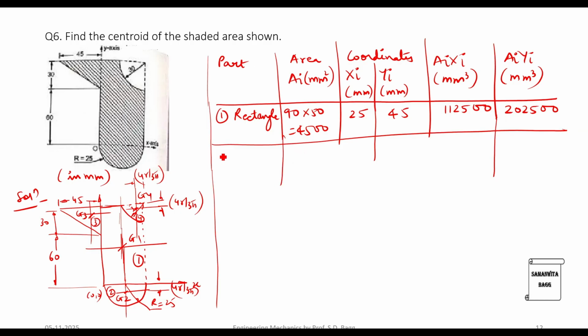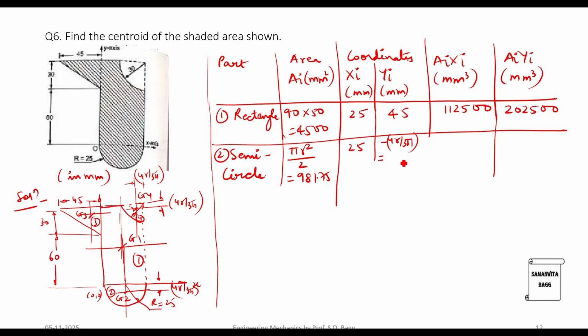The next shape we have taken is of the semicircle. Area is pi r square by 2. Now this value is going to be 981.75. X is the radius 25. Y is below the x axis, so this is minus 4r by 3 pi.